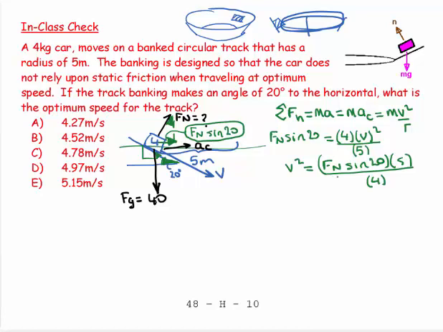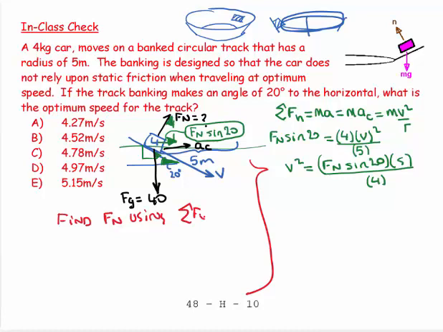And so we have two unknowns though. We have v and we have Fn. So I need a way to find Fn. So I say let's find Fn using, well, I'm going to go vertical again.